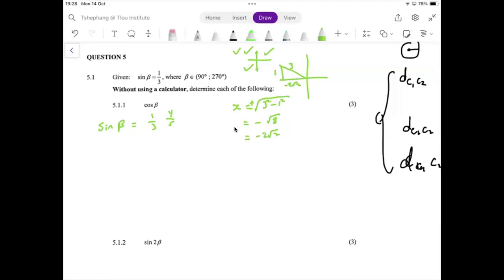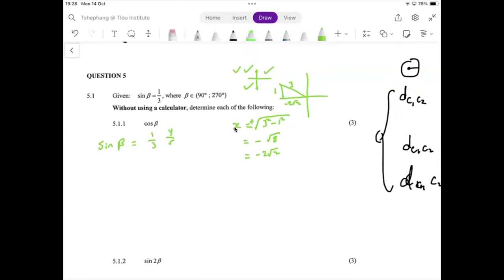Somebody's saying, so please explain the difference between 90 to 270 and 90 and 270 all inclusive. Okay, so the only difference is the inclusion, right? So this one, we are using soft brackets because it means that beta cannot be 90, and beta cannot be 270, but it can be 90.000000001.